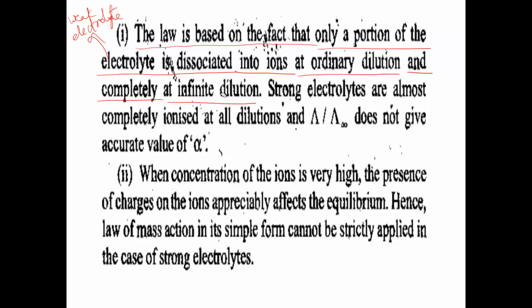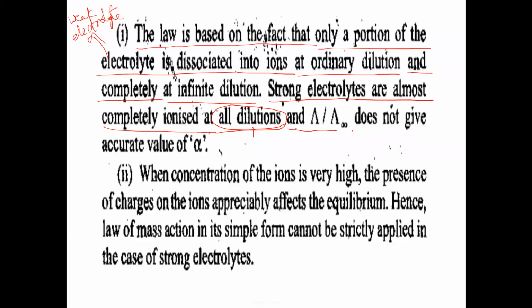But at infinite dilution, the same electrolyte may be dissociated completely. And strong electrolytes are almost completely dissociated, completely ionized at all dilutions, whether it is ordinary dilution or infinite dilution. Strong electrolytes will always be completely dissociated.